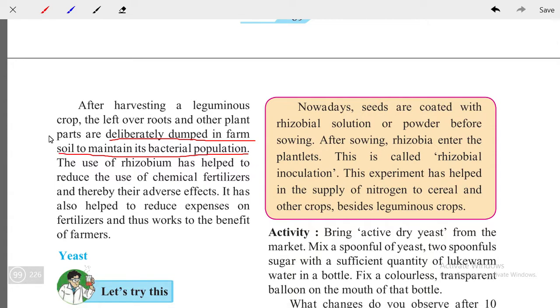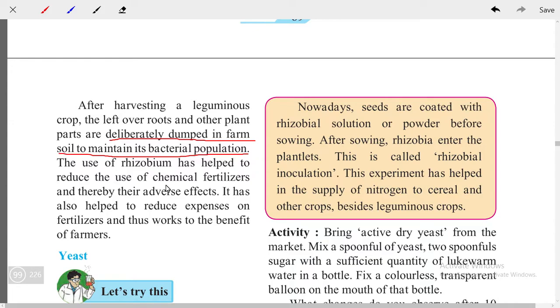and thereby their adverse effects. It has also helped to reduce the expense on fertilizer and is thus beneficial to the farmer. Rhizobia help to reduce the use of chemical fertilizers.